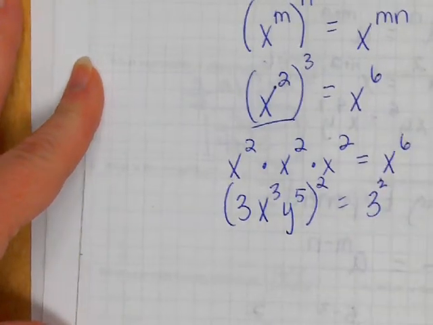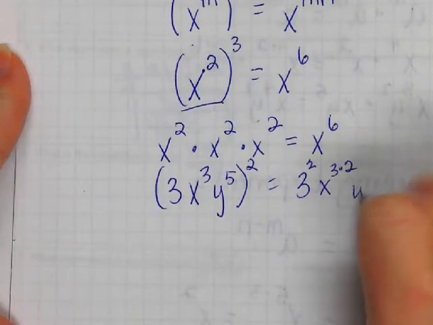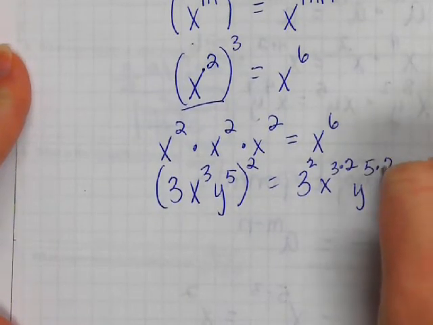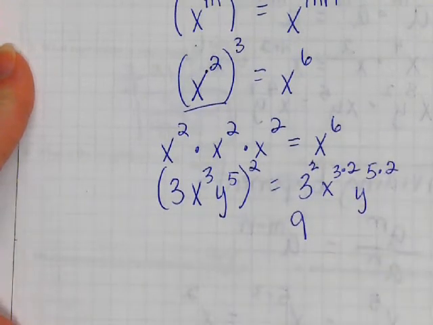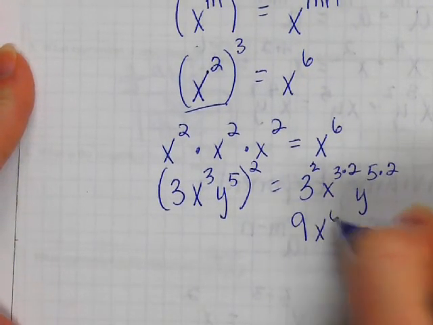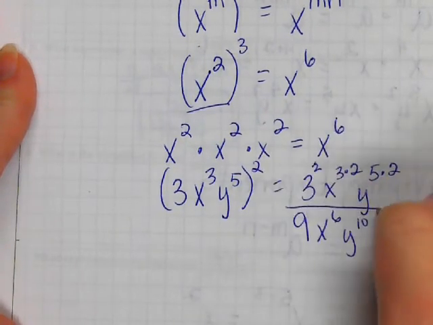So 3 squared, x to the 3 times 2, and then y to the 5 times 2. If I simplify this, 3 squared would be 9, x to the 6th, and y to the 10th. And this would be my answer.